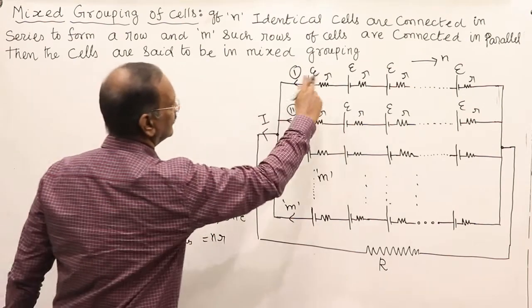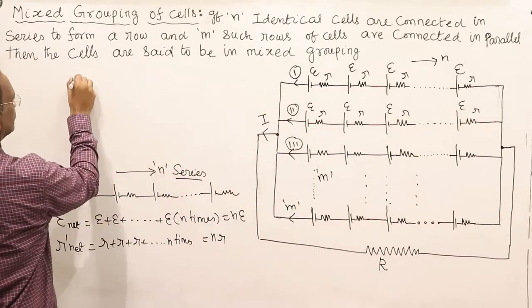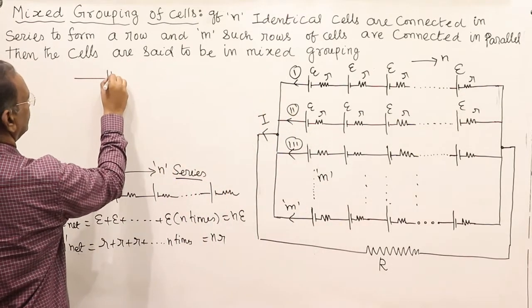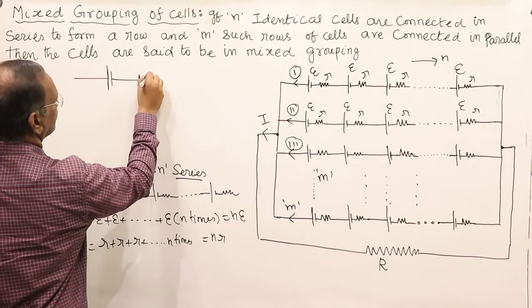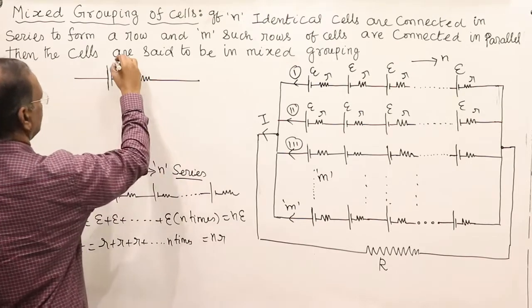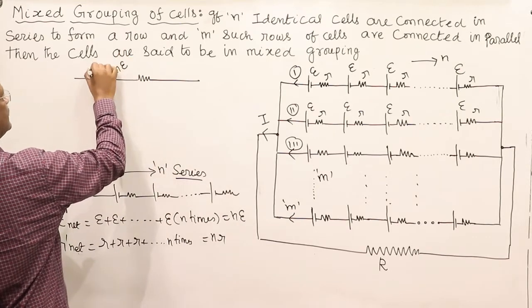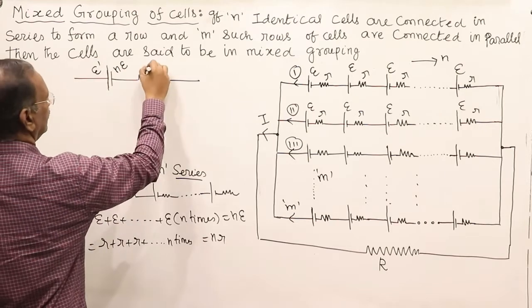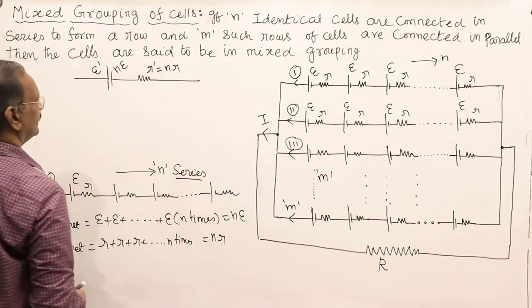So this first row can be represented with E dash equal to n times E, and r dash equal to n times r.